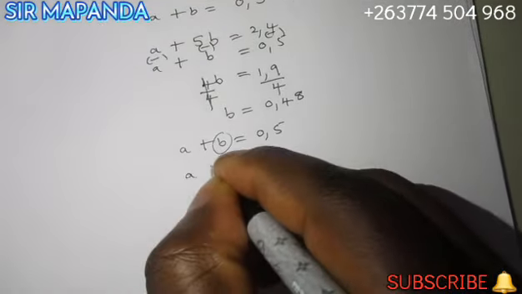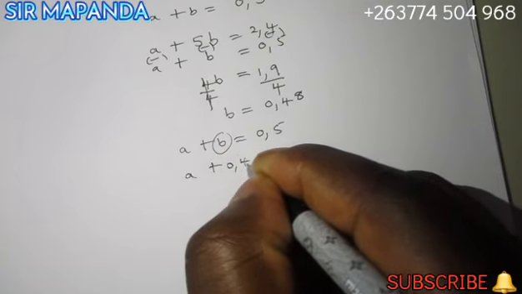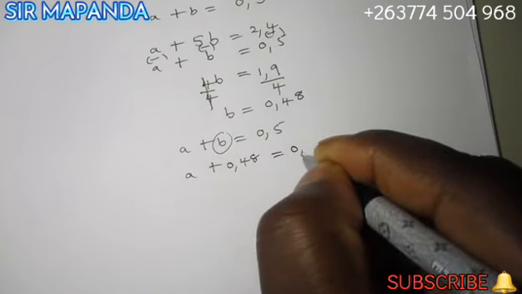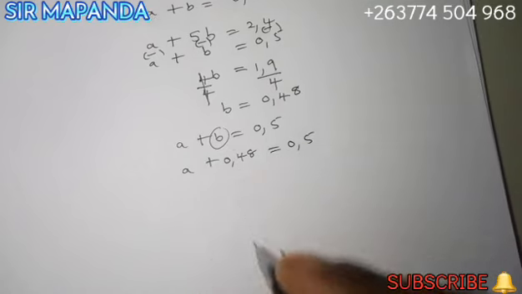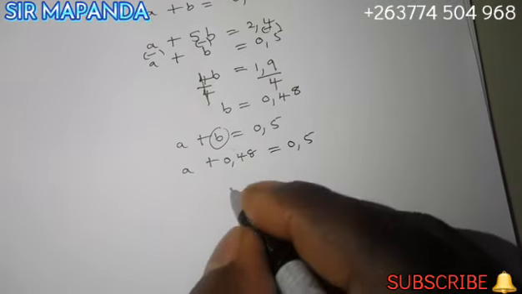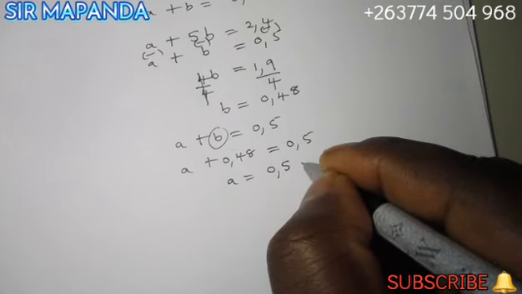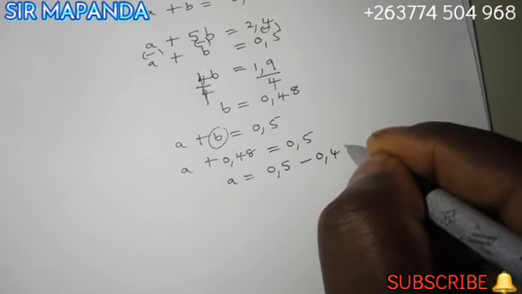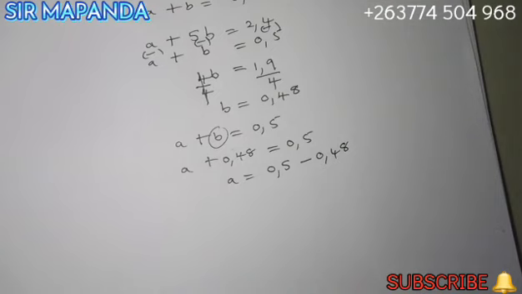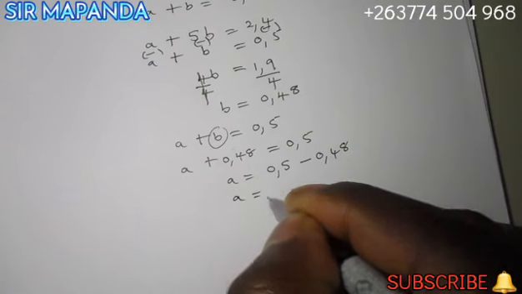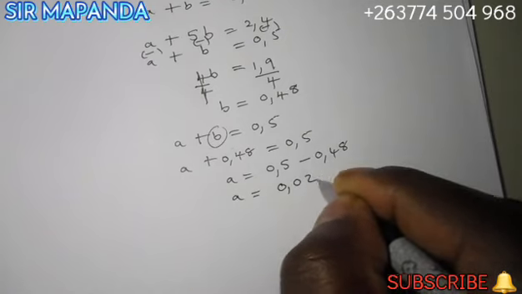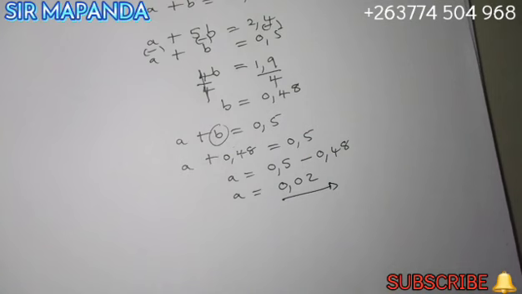So a plus 0.48 is equal to 0.5. Then move 0.48 to the right side. a is equal to 0.5 minus 0.48. I hope you are following. So if you subtract, you get 0.02 to 2 decimal places, and this is the value of a, then you are home and dry.